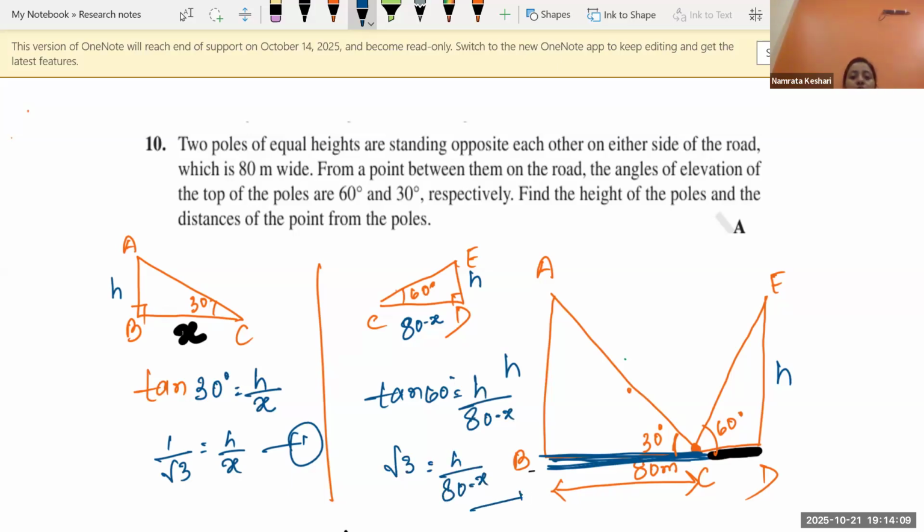Now you just need to solve these two equations to find the height of the pole and the distance. So basically you have to find h as well as x. You will be able to do it, right? Yes, ma'am. Any confusion so far? No, ma'am. Okay, let's continue.